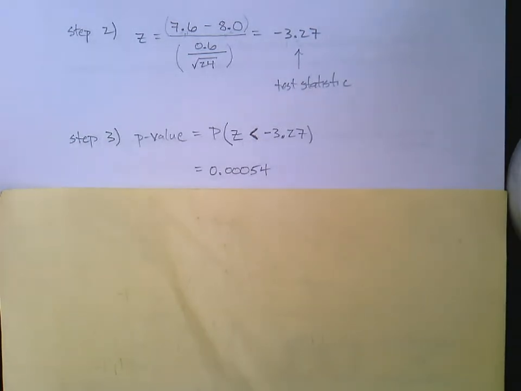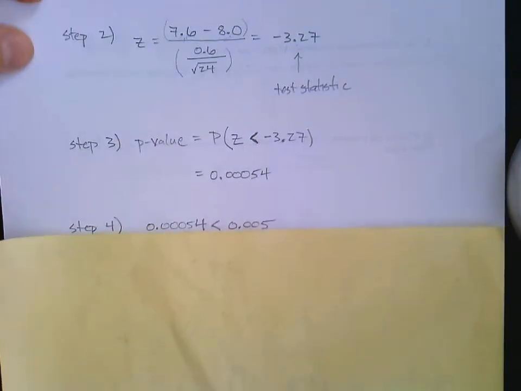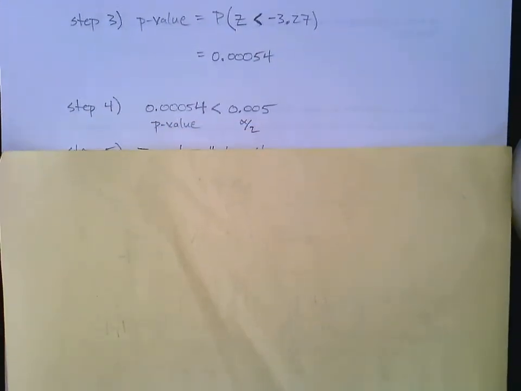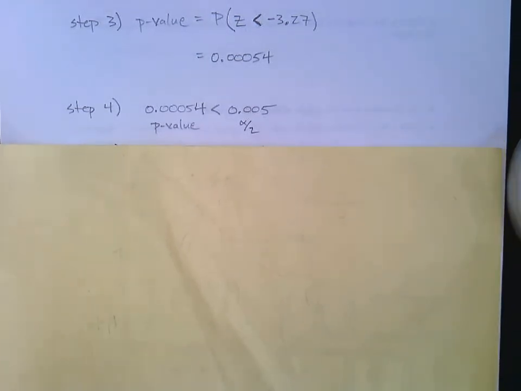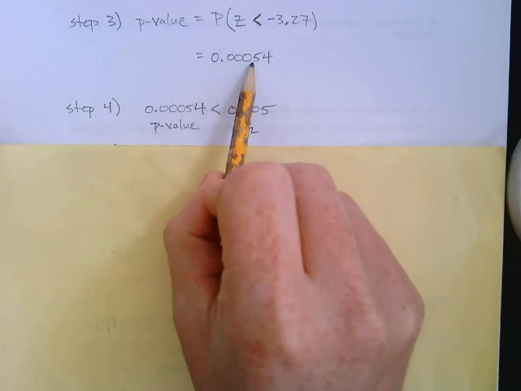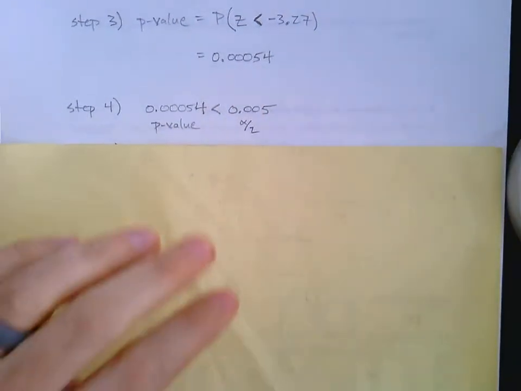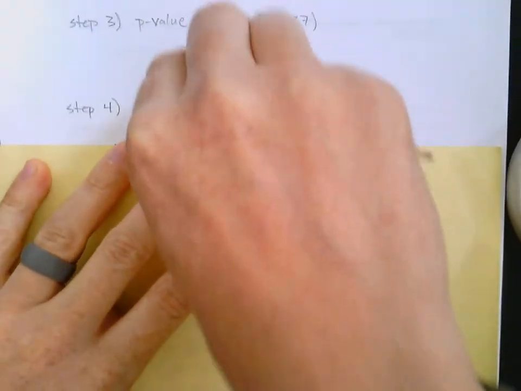Okay, so we got our p-value. In step number 4, once you have the p-value, now you compare to the significance level. So here's how that's going to work. For this case, remember you're comparing to actually half of the significance level. Let me erase that just for the moment.